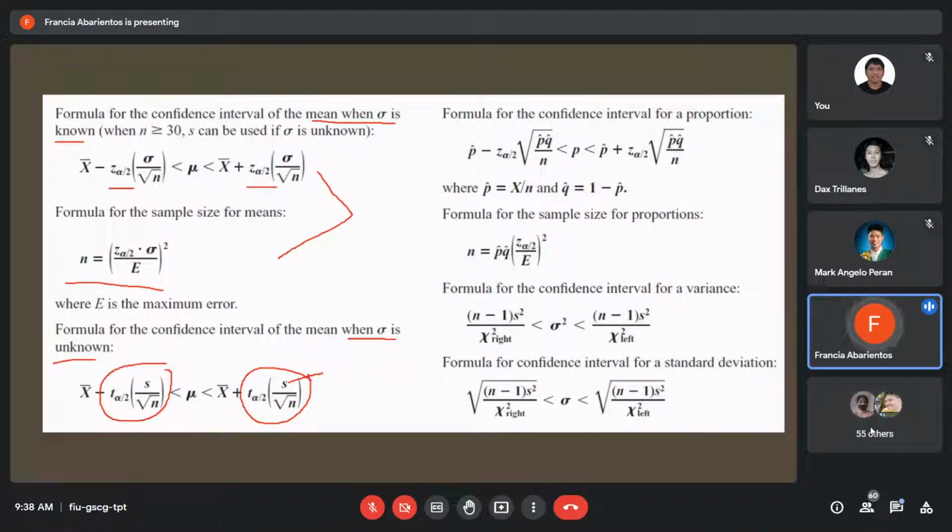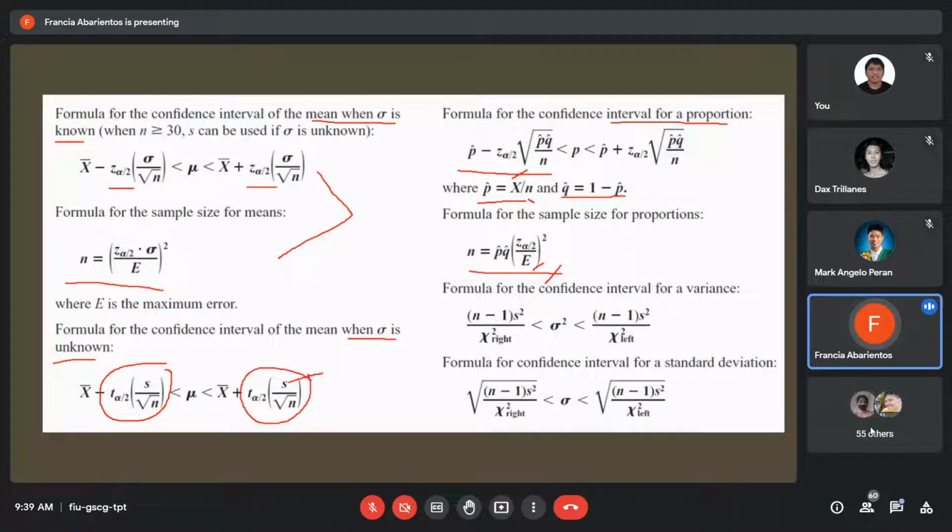If the given problem is a true proportion, then it will fall under this. This is what we will look for, the p-hat and the q-hat, with the characteristics given over the sample size; this is what we will use. And when the problem involves the sample size for proportion, this is also what we will use, given the maximum error.